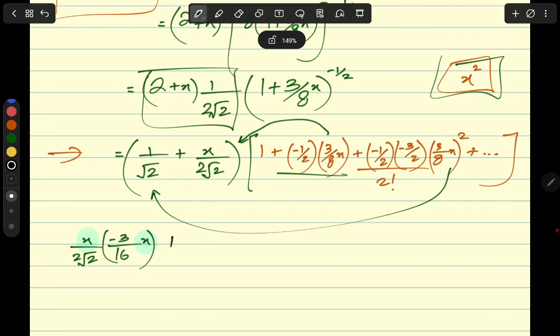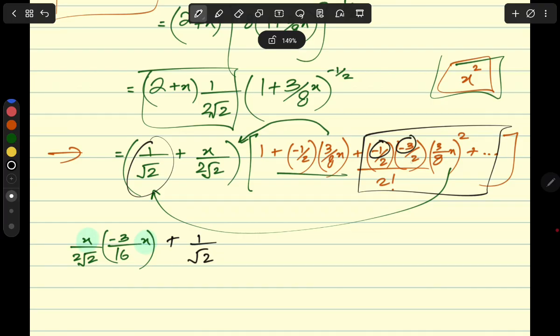Now we will put a plus sign because we are taking a summation, and now very carefully we are going to multiply this 1 upon root 2, which is a constant, with an x squared term which is right here. Now minus 1 times minus 3 is positive 3, positive 3 upon 4, and then upon 2 is positive 3 upon 8. So this is going to become 3 upon 8 here, and then this is going to become 9 upon 64 x squared.